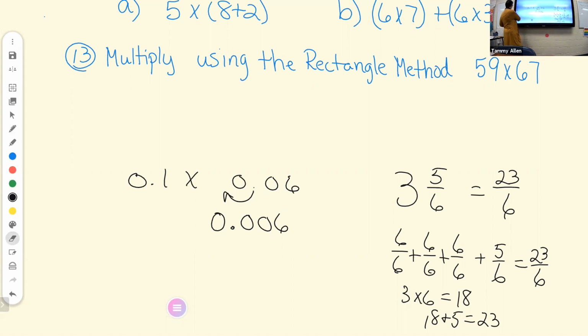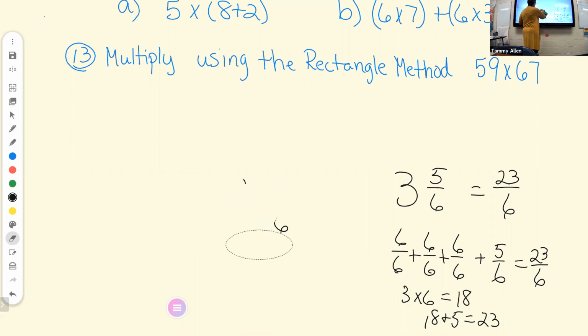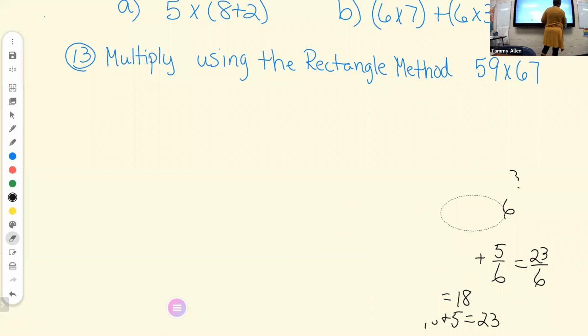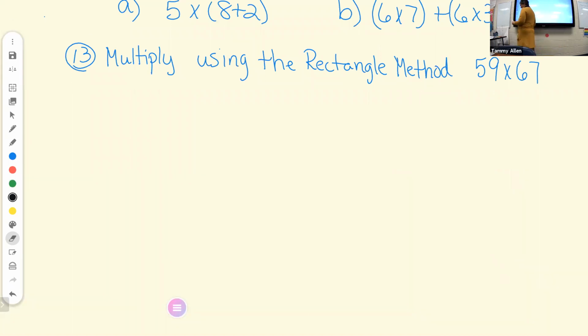Oh, hold on, I'm on number 4, sorry. We have a rectangular prism. How many faces does it have? 6.